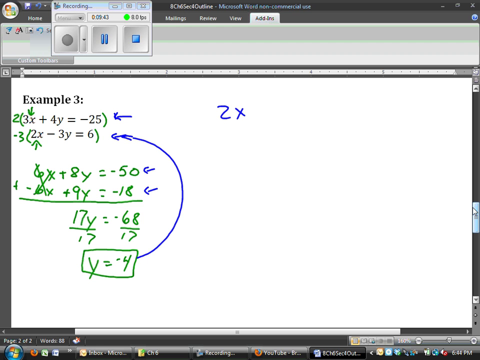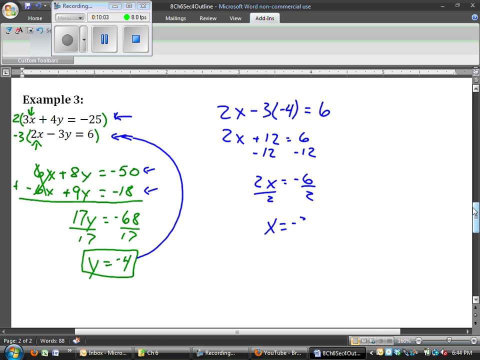So we'll do 2x minus 3 times negative 4 equals 6. Negative 3 times negative 4 becomes a positive 12. So I'll subtract 12. 2x equals negative 6. Divide by 2 so that x equals negative 3. And there's our two answers.